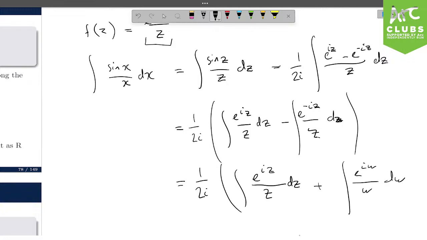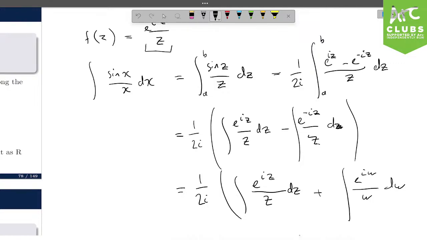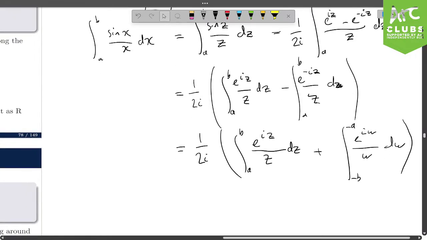Except here the boundary will be reversed. So if our integral was from, say, a to b, then this one would be from a to b, but this one would be from the negative of those, from negative b to negative a, due to our substitution. But now finally we've got our desired integral in terms of our function f of z, right?